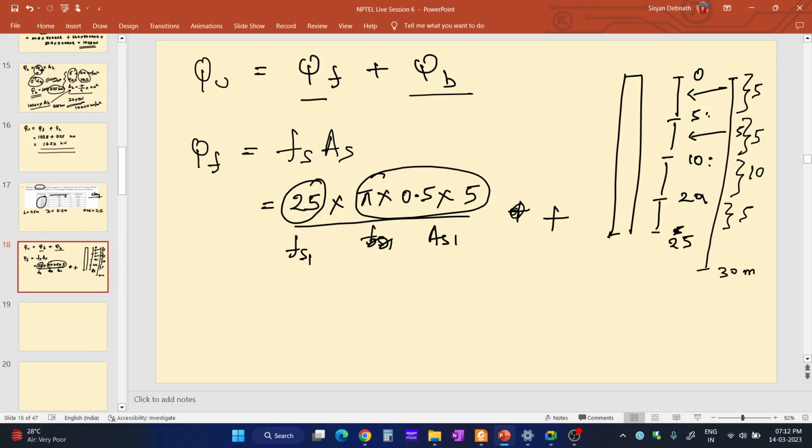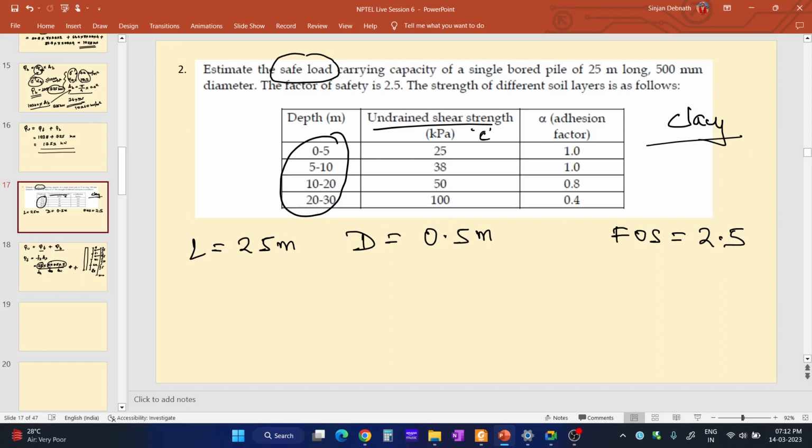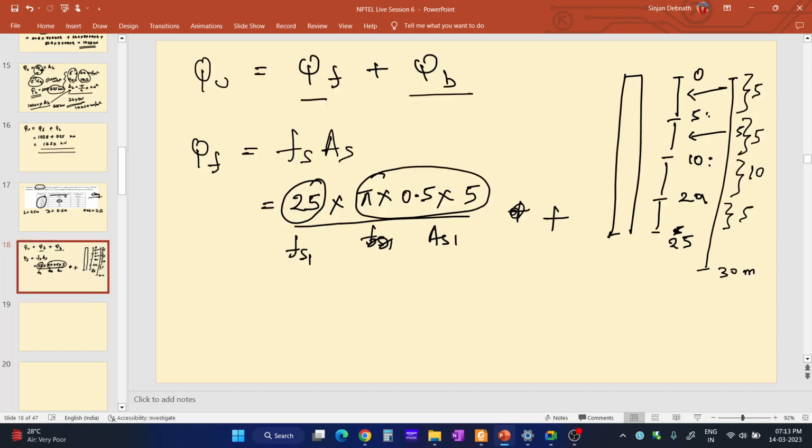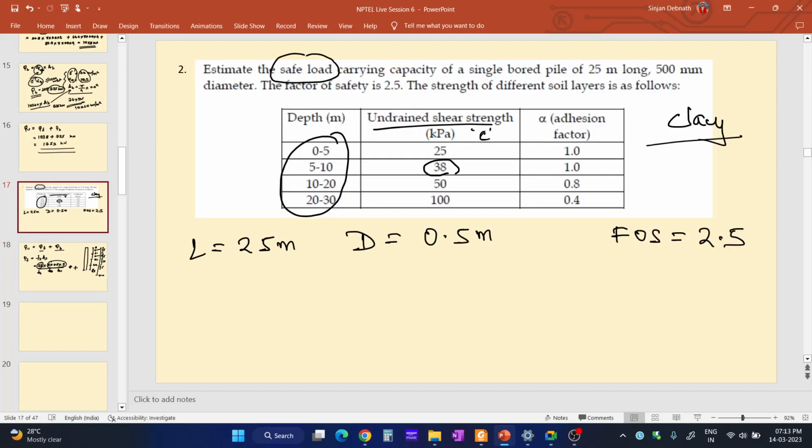What is the Fs2 for the second part? Fs2 is alpha into C. Alpha for the second portion is 1, and C is 38.